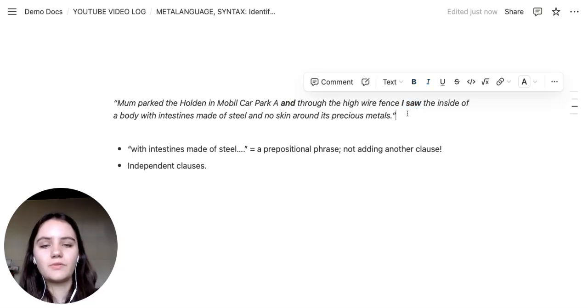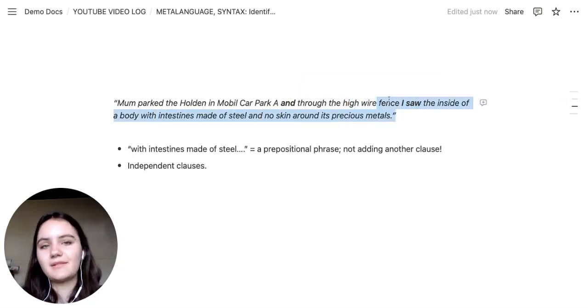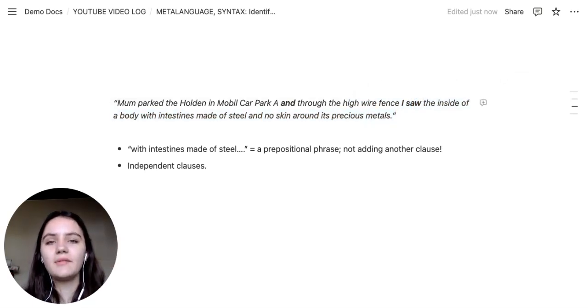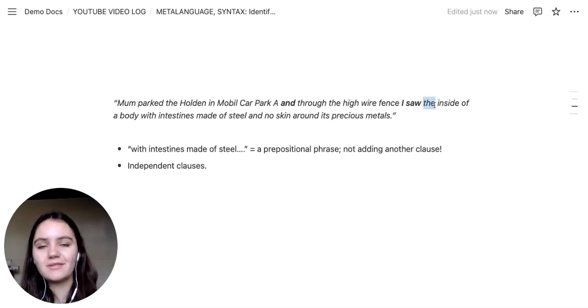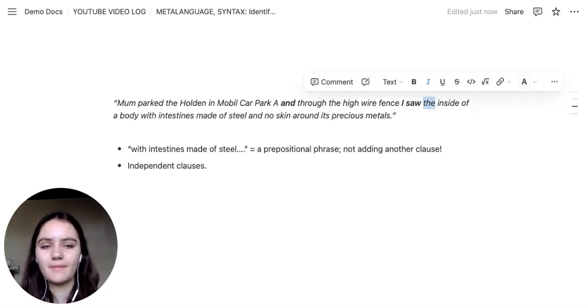Now, you may be getting tripped up here, and if I were you, I certainly would, going, oh golly, what is this? Well, if we just, as calmly as we can, break down the structure. We have a noun, I, verb saw. Now, great, we have our determiner, so we know that our object is coming. And what is it? "Inside of a body with intestines made of steel and no skin around its precious metals."